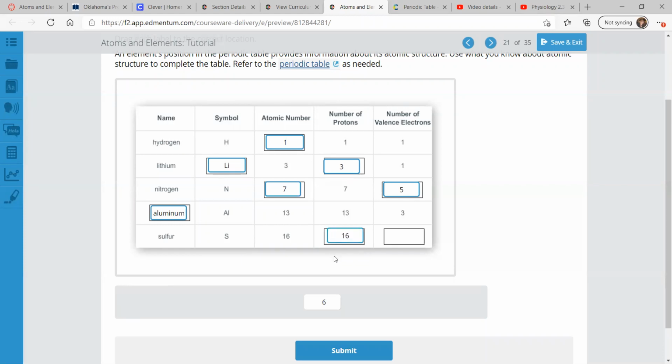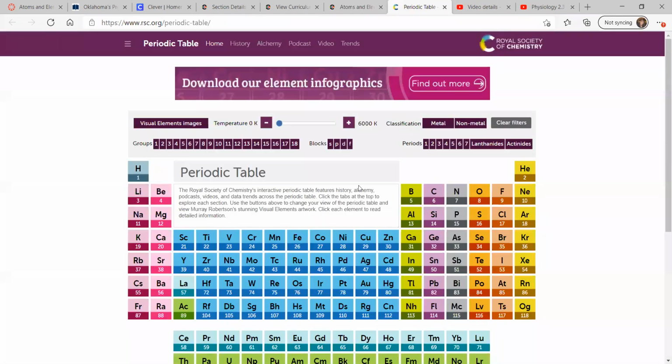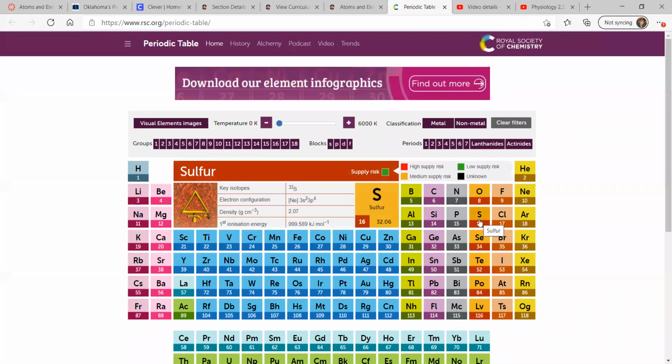That means the number of protons is 16. And since 6 is the only one left, we know that the number of valence electrons is 6, but we can also look at that. Here's sulfur in the 3rd row, and we count over vertically 1, 2, 3, 4, 5, 6, sulfur.